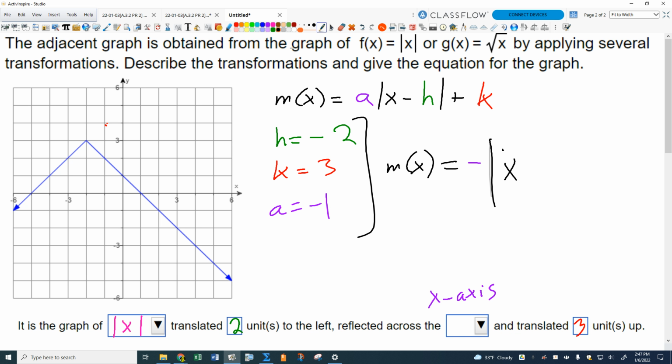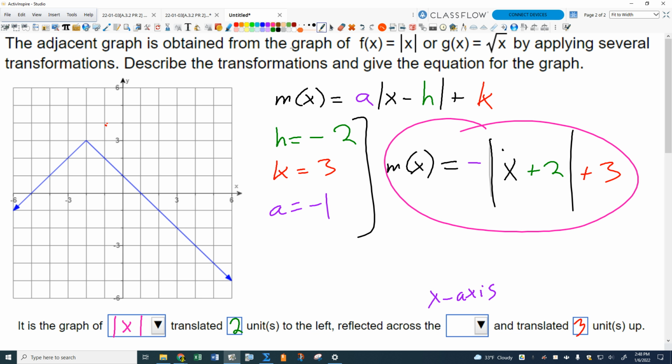X. Ashton, what goes inside there? +2. Good, because it went left by 2. And then finally, what's going outside here? +3. There you go. So there's our answer to the second part.